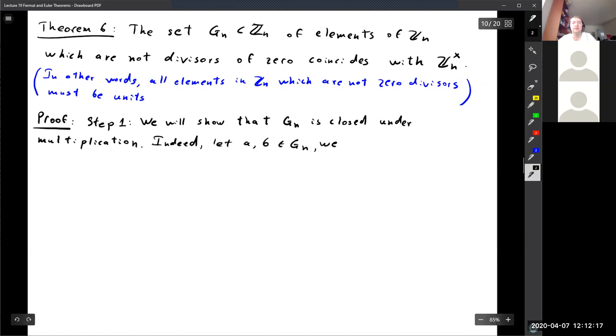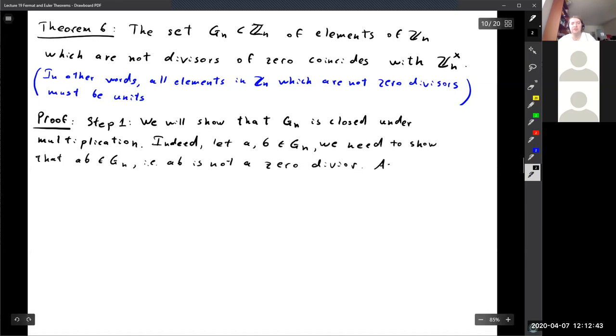We need to show that AB belongs to G_n, namely that AB is not a zero divisor.